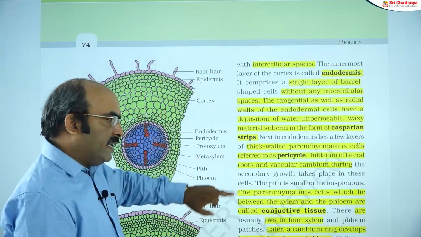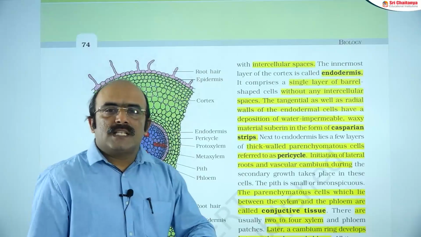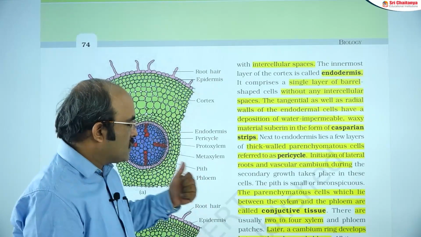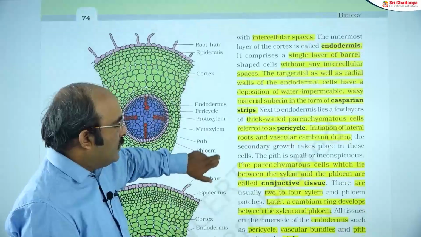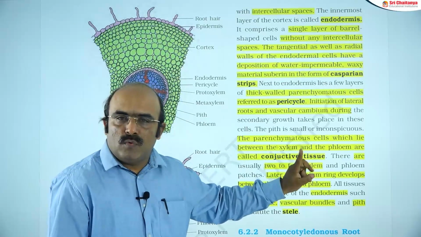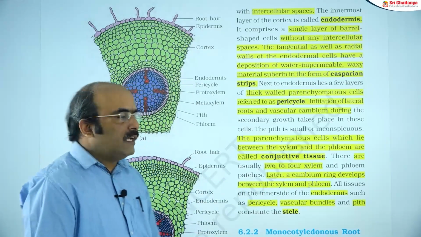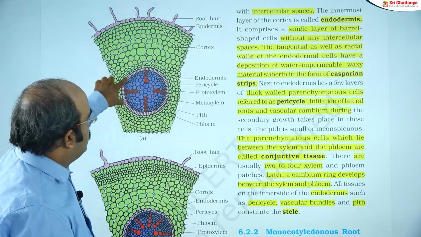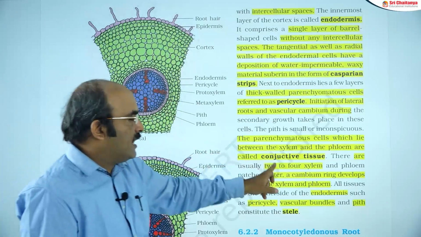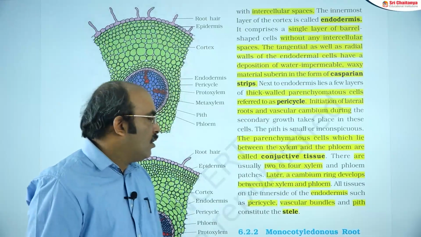Now, during secondary growth also in dicot root, the pericycle cells undergo dedifferentiation and give rise to the vascular cambium. And the parenchymatous cells which you observe in between the xylem and phloem tissue could be called the conjunctive tissue. Now coming to the number of xylem strands, there are 4 xylem strands here, but the range of xylem strands can be 2 to 4 in the case of dicot root.